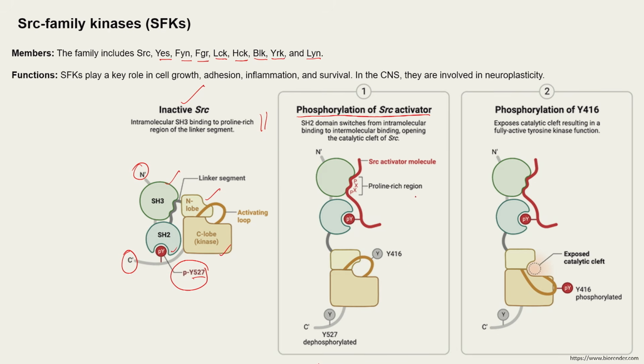Essentially, the SRC activator binds to the proline-rich region of the SH3 domain, which was discussed earlier, and then the 527 position gets dephosphorylated. So the inactive form is phosphorylated and the dephosphorylated form becomes activated, and further phosphorylation at the 416 position actually activates this protein.